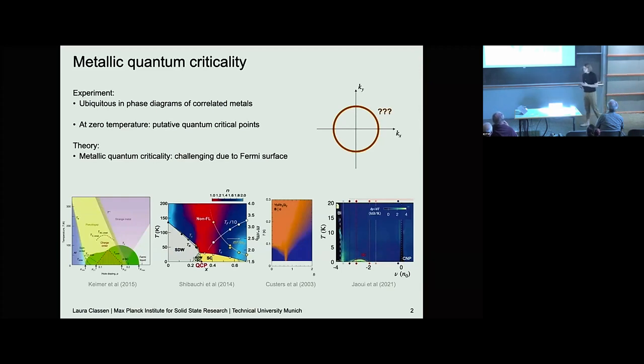There seems to be a connection to a putative quantum critical point at zero temperature, but theoretically it's challenging to describe that metallic quantum criticality because we have a Fermi surface, and that Fermi surface provides us with an extensive number of zero energy modes. And this basically makes it difficult to find a well-defined theory for quantum critical metal beyond a self-consistent one-loop approximation.